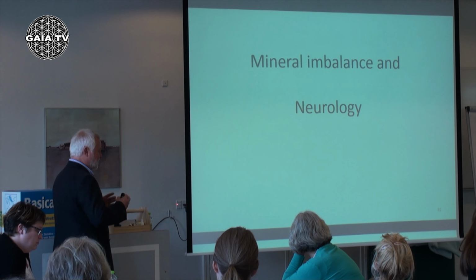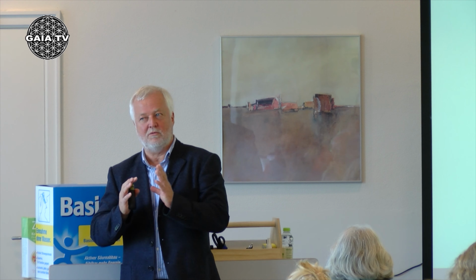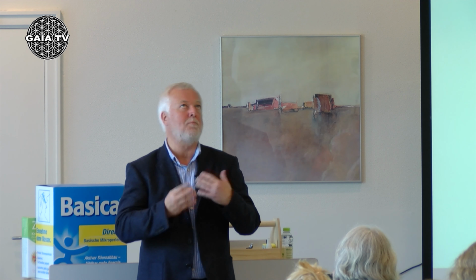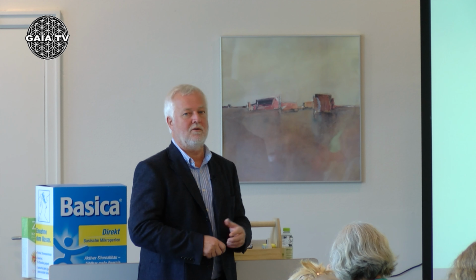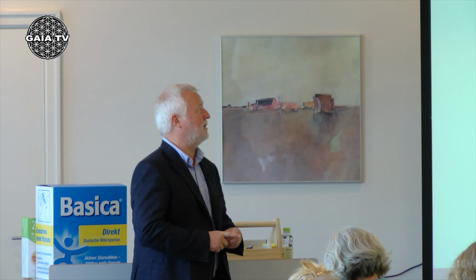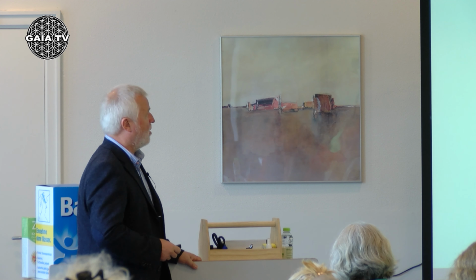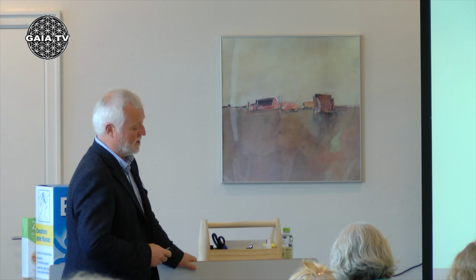So overall, this really shows that a surplus of acidity in our system is compensated by release of minerals from the bone. And of course, then in the long term, this increases the risk for osteoporosis.